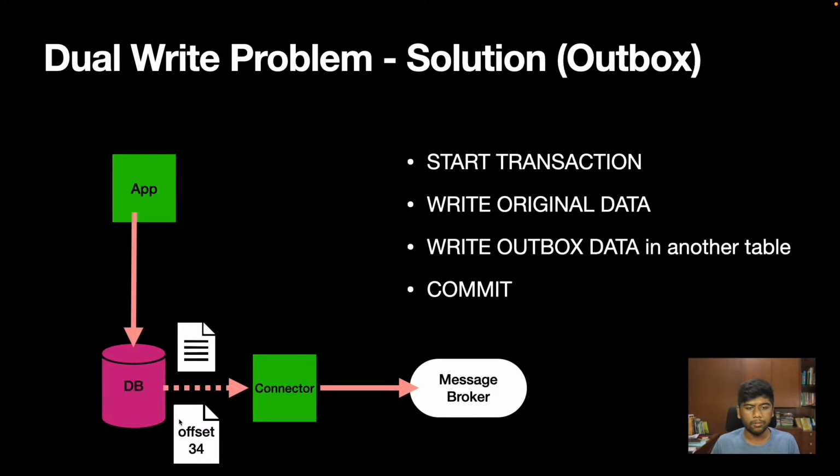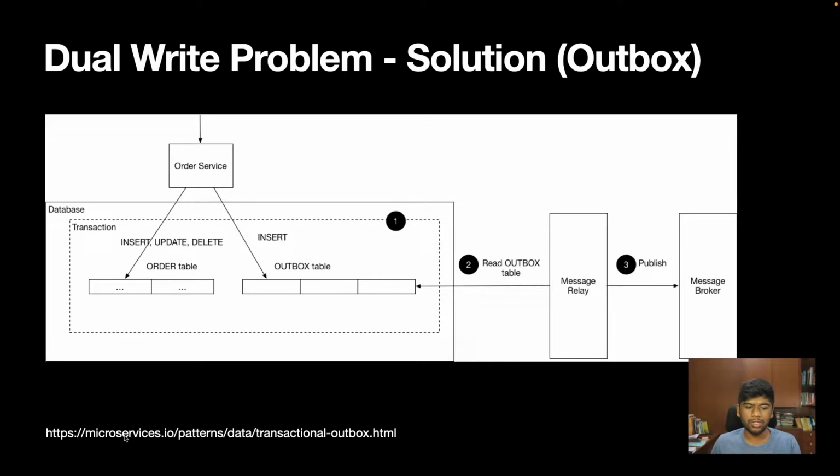So there is also another problem that usually comes up with this, which is, what if the data that you want to write to your database is different from the data that you want to send to the message broker? So in this case, it's usually a good practice to do something like the outbox pattern. And this is from microservices.io.